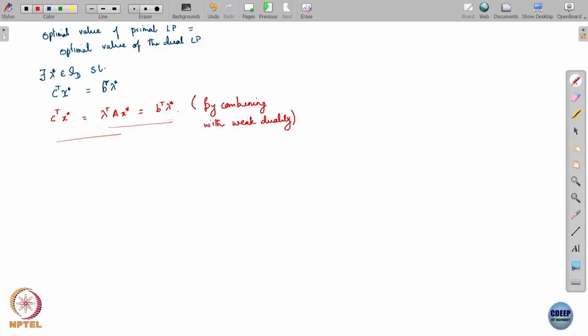So let me take one of each of them separately. What this is effectively saying is that lambda star transpose (A x star minus B) equals 0, and (A transpose lambda star minus C) the whole transpose x star equals 0.